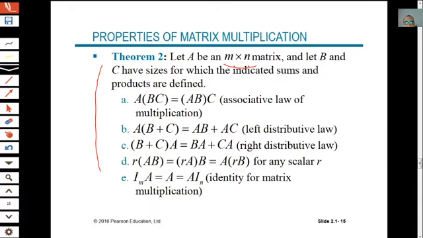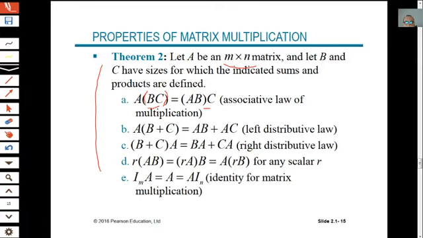So we have the associative law of multiplication, and we can change the order of the parentheses. First we can find B times C, and then we find the multiplication of A and the result. Or first we can find A times B, and then we multiply the result by C.